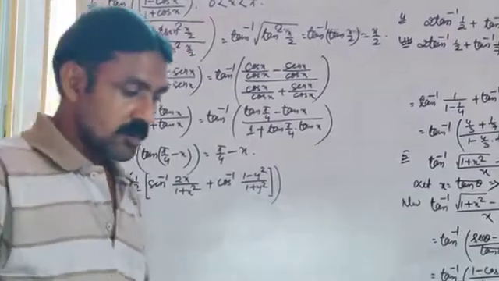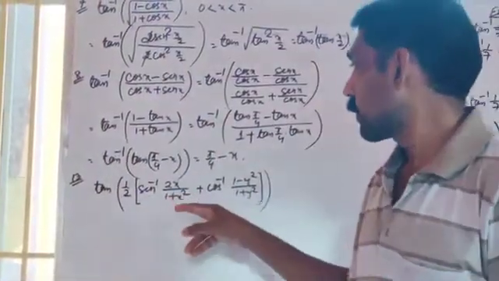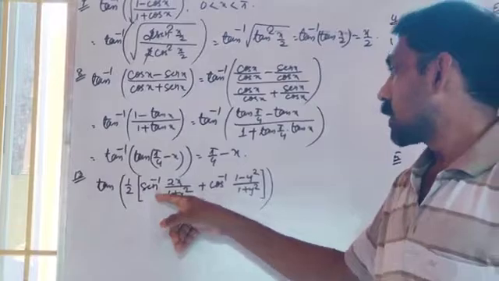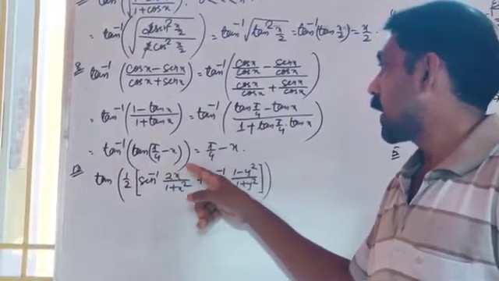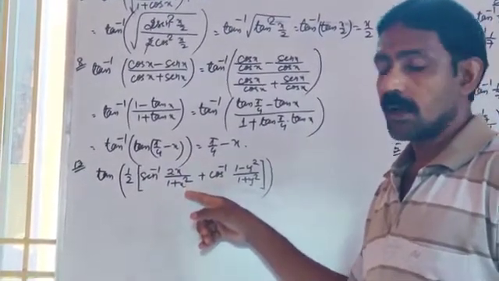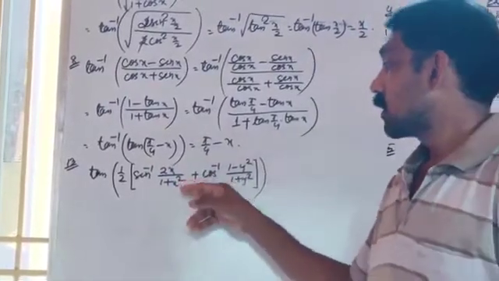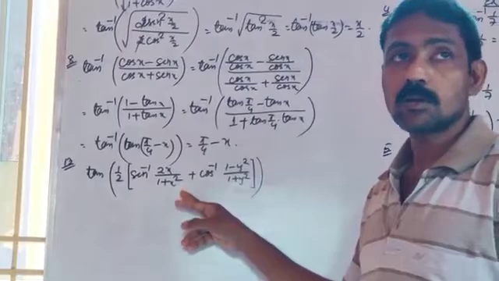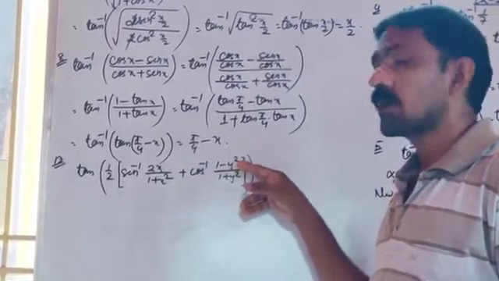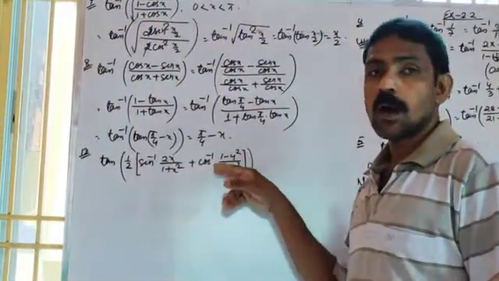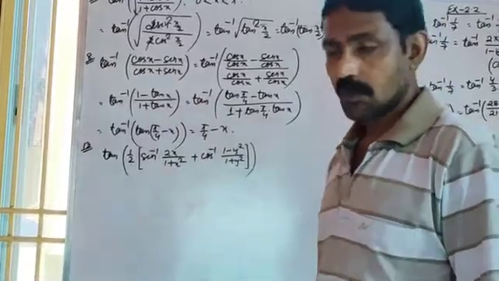Now if you observe this function, sin inverse, if you take x equal to tan theta, that is 2 tan theta by 1 plus tan square theta, this is the formula of sin 2 theta in terms of tan, and for y also if you take tan, it is the formula of cos 2 theta.